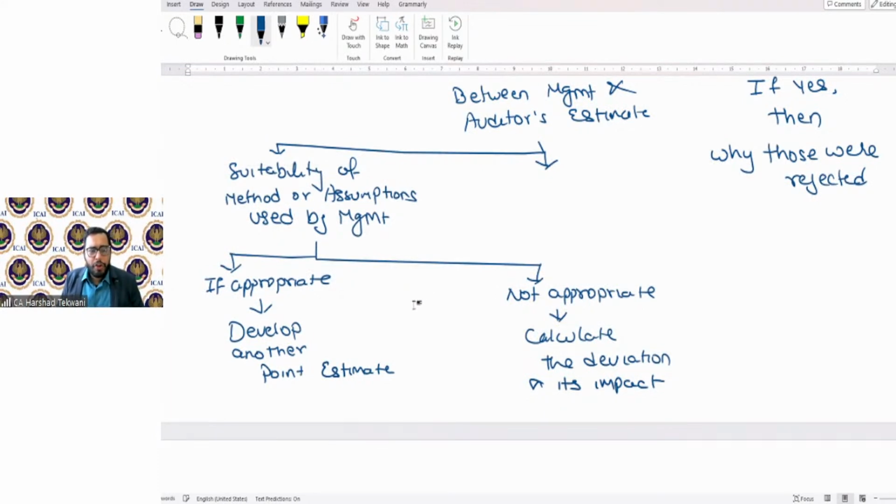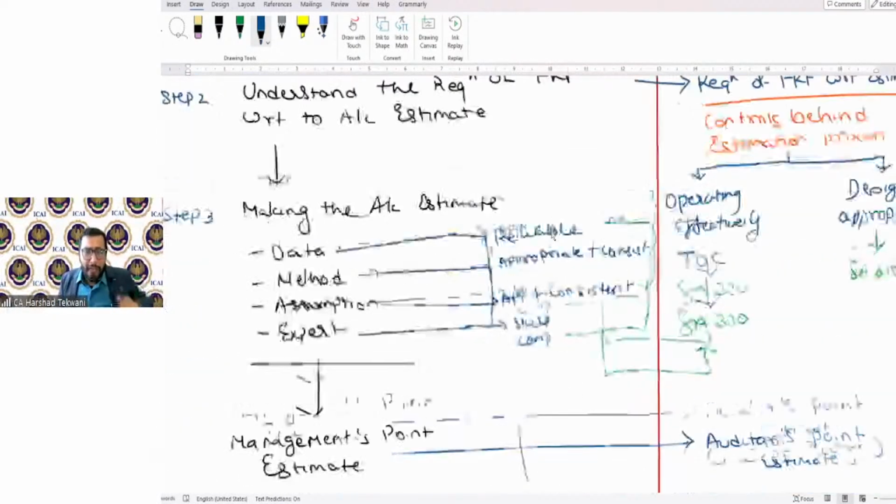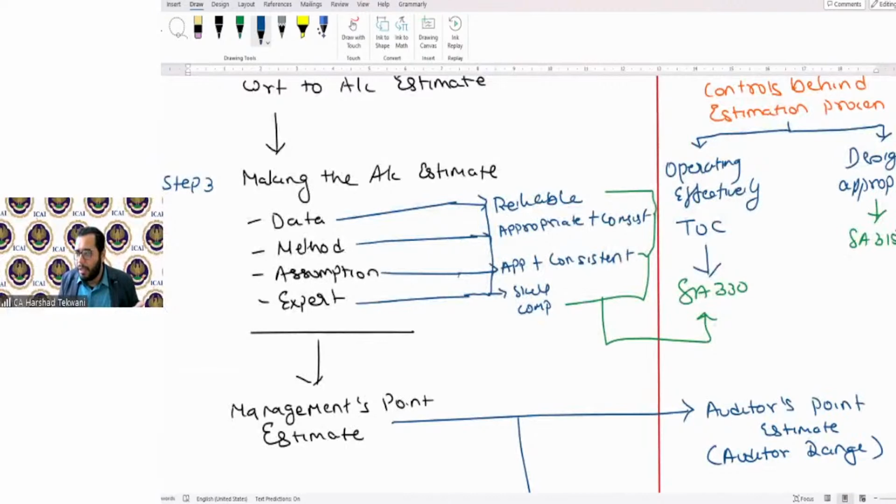So you need to consider the suitability of the methods and assumptions used by the management. If appropriate, then develop another estimate. If not appropriate, then calculate the deviation and its impact on the audit opinion. So this is how I apply 315, 330 to the estimates.